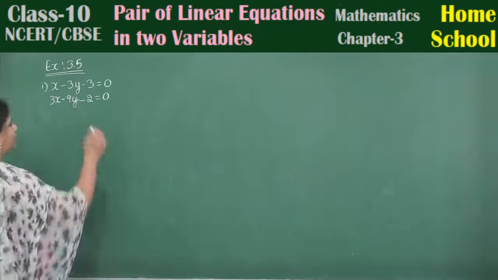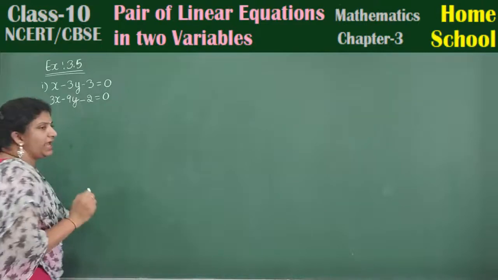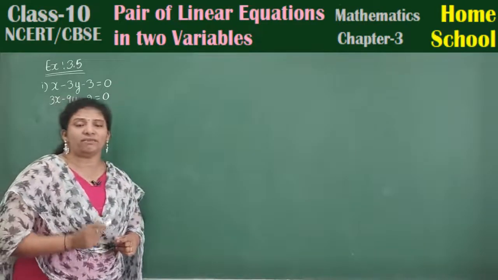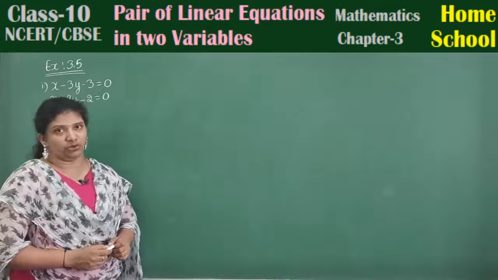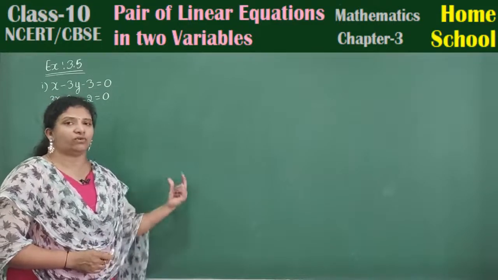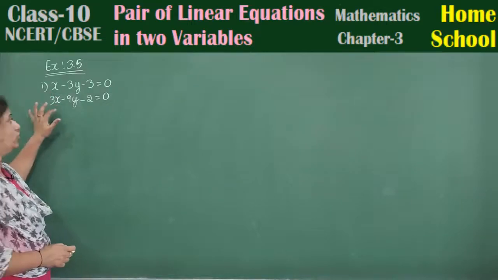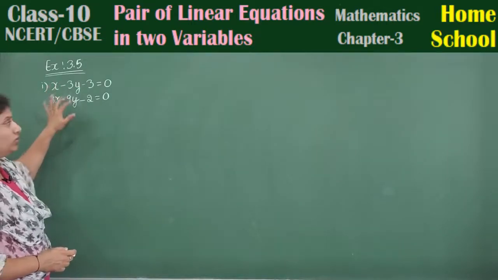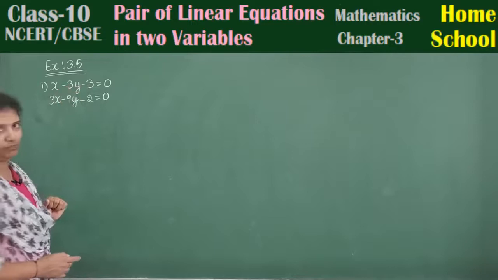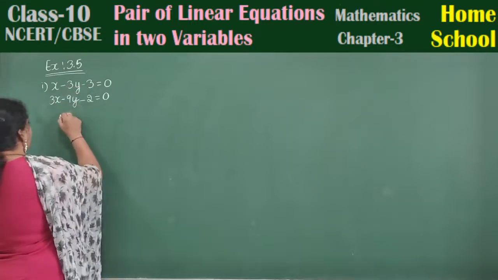What is the standard form of the linear equation? ax plus by plus c equal to 0. When we have two equations, we are going to compare with a1, a2, b1, b2, c1, c2. Okay, so let's compare here.